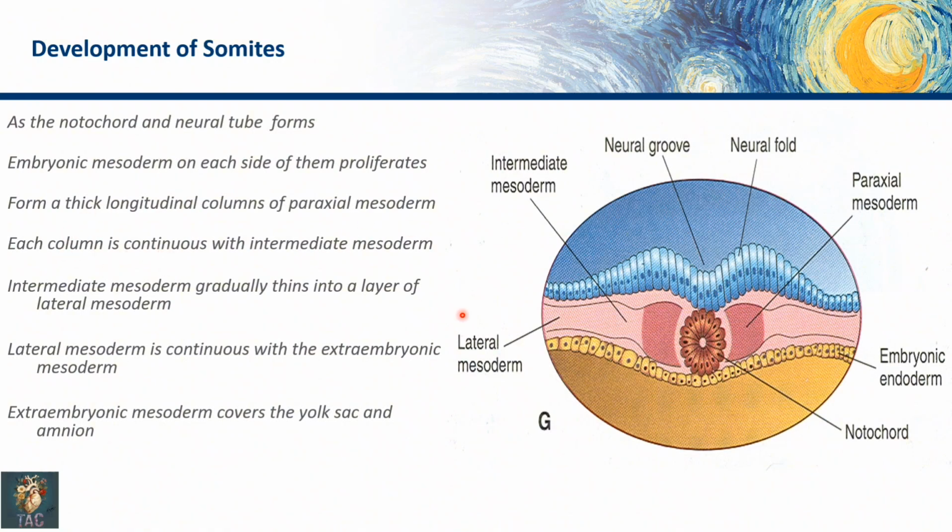This column is continuous with the intermediate mesoderm on each side, and this intermediate mesoderm then thins out into a thin layer of the lateral plate mesoderm. This lateral plate mesoderm is continuous with extraembryonic mesoderm, which covers the yolk sac and the amnion.